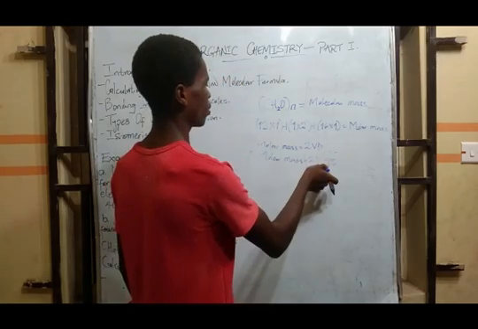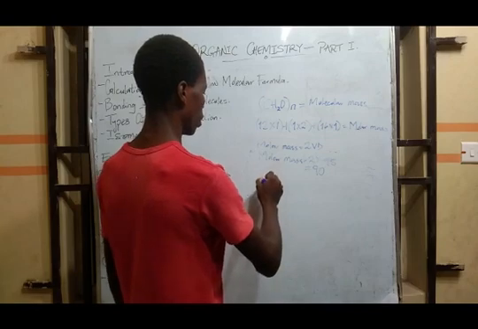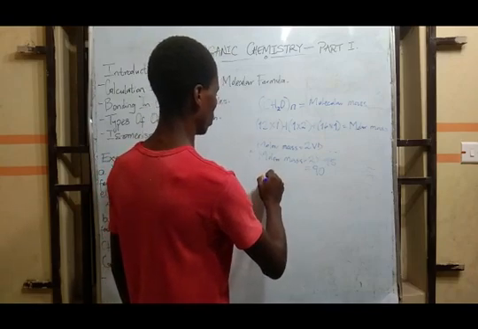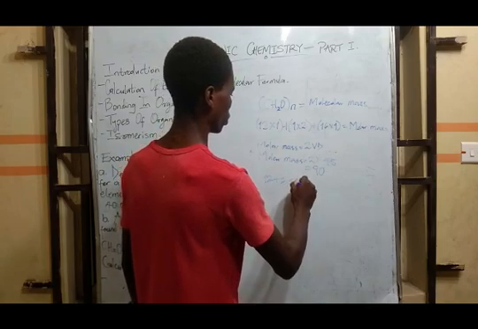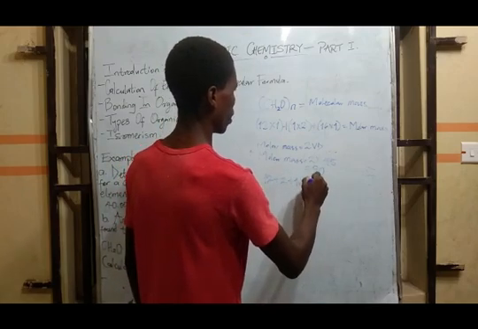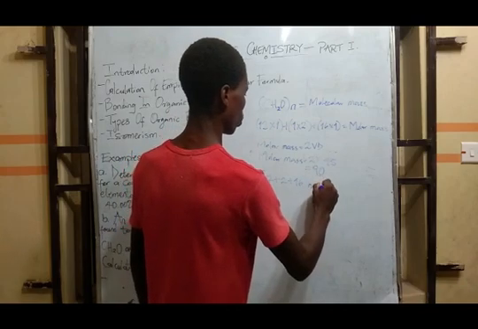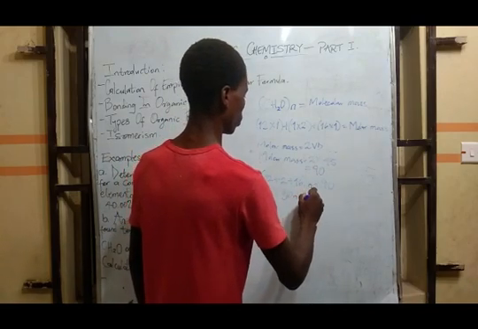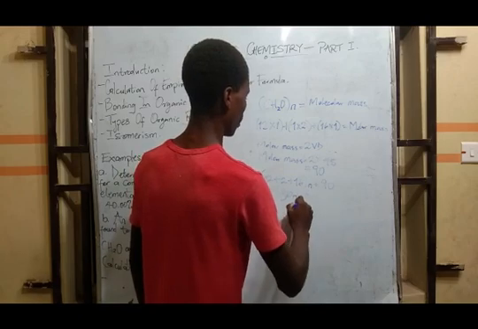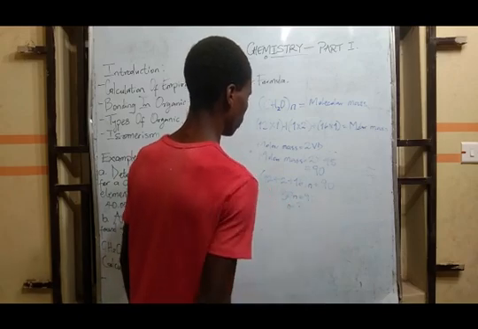Now bring our 90 back to the initial equation, and here we have 12 plus 2 plus 16, times n, equals 90, which is 30n equals 90, and our n equals 3.